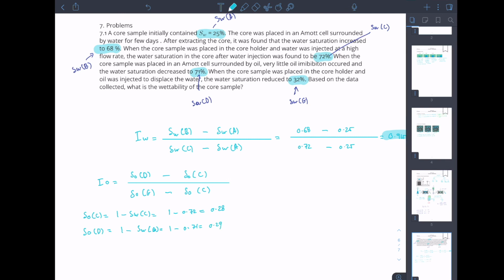And the final one is SO at point E, which equals 1 minus SW at point E, which equals 1 minus 0.32, which equals 0.68.